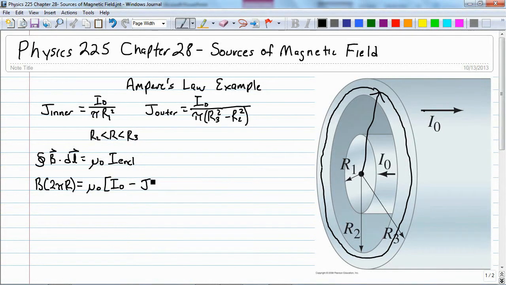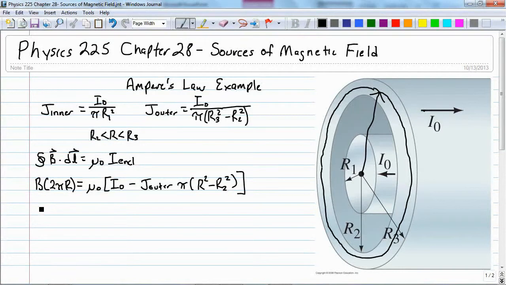I'm going to have J outer times this area, which is going to be pi, and then I want from R to R2, so it's going to be R squared minus R2 squared. And that's my total enclosed current.